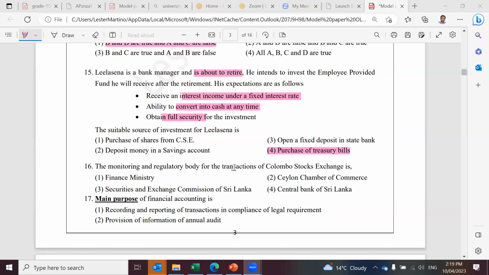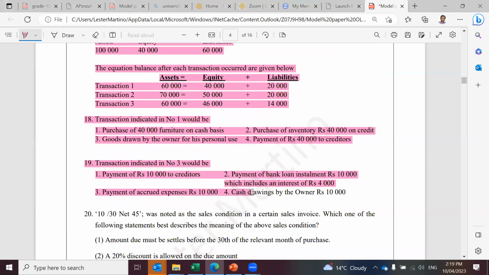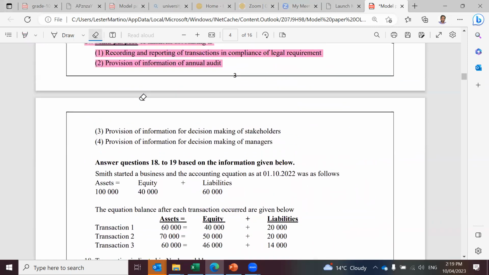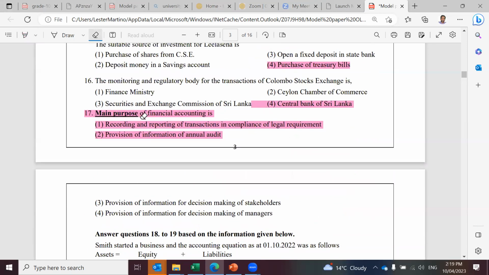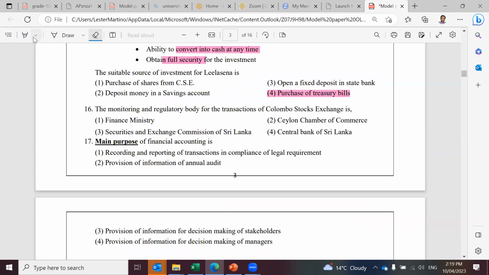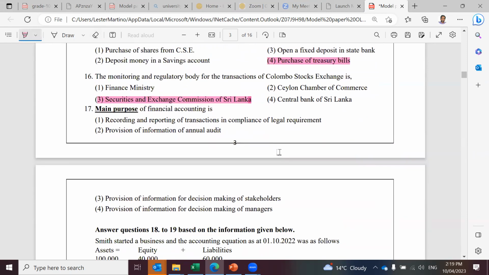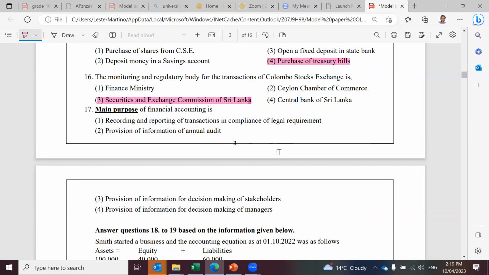Monitoring and regulatory body for transactions of the Colombo Stock Exchange. The monitoring body or the watchdog is the Securities and Exchange Commission of Sri Lanka.